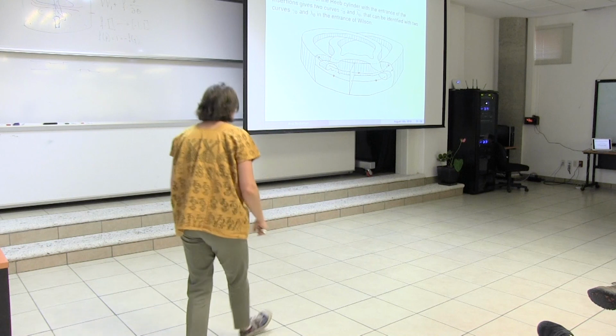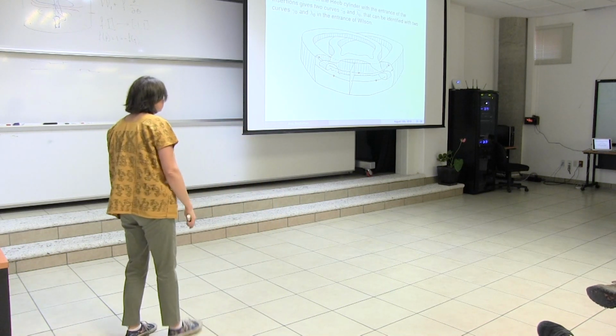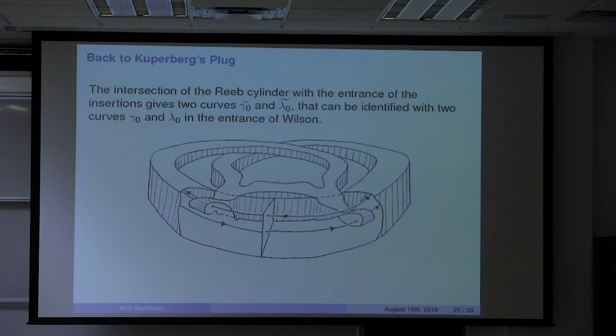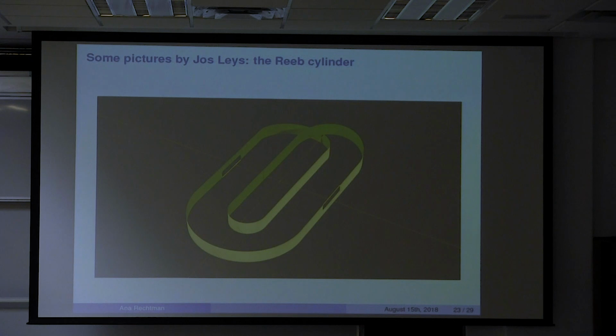Okay. So now what happens? What happens, let me see, is that the cylinder is embedded something like this, but not really, because the cylinder has to pass through the insertions. Okay? So what I don't have is a nice picture of how that happens. So I have a non-smooth picture that tells you a little bit what happens.